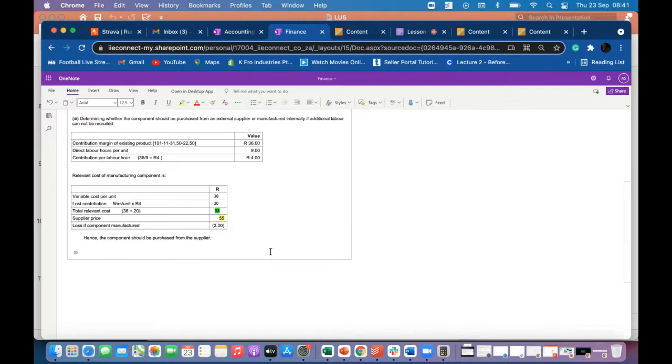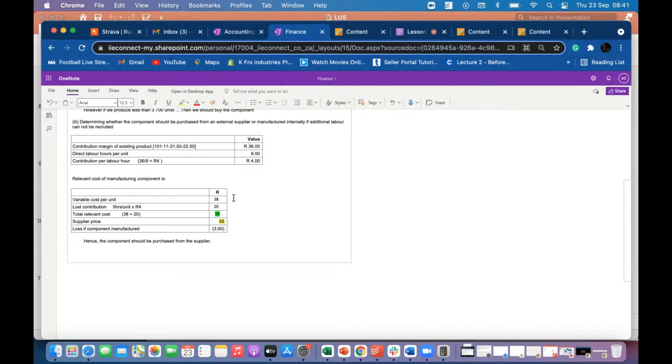Basically, they're saying that we can't release any labor towards this component, because we're using that labor for a certain product which sells at 101 Rand. So here, determine whether the component should be purchased from an external supplier or manufactured internally, if additional labor cannot be recruited, if we don't have labor for this component, basically.